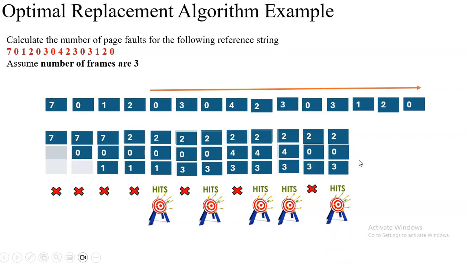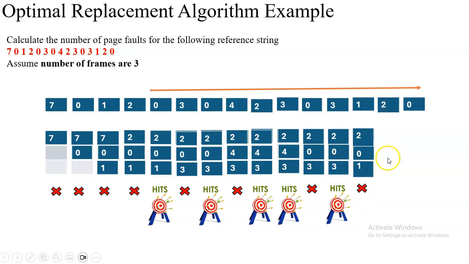Then comes 1. Check the contents, 2, 0, 3. 1 is not there, so we check in the forward direction. 2 is coming, 0 is coming. Which one is not coming? 3 is not coming. So 3 will be replaced by 1. Now the frames become 2, 0, 1 and it is a page fault.